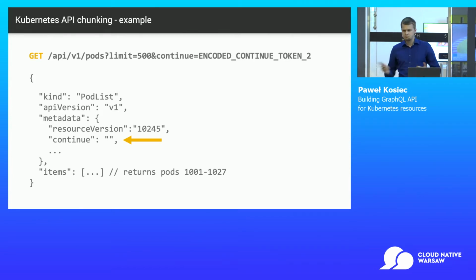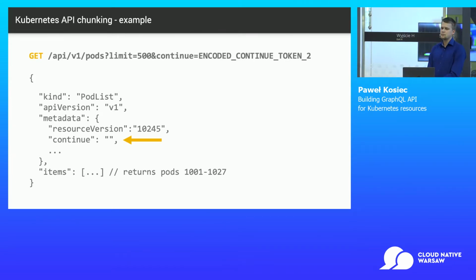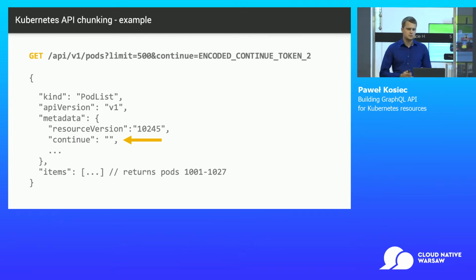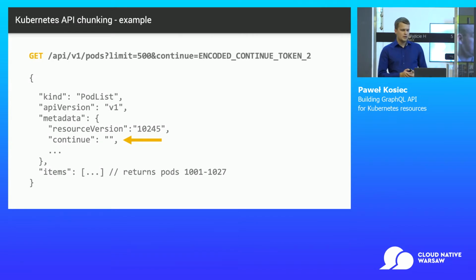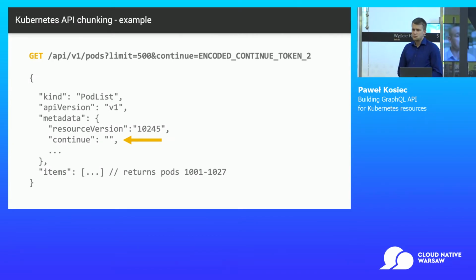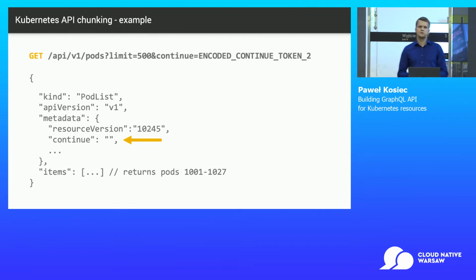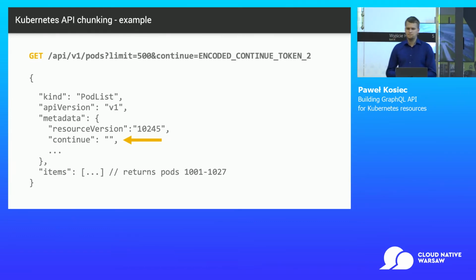With the new continue token, we will get an additional 27 pods. But the continue token is empty, which means we finished the whole pagination.